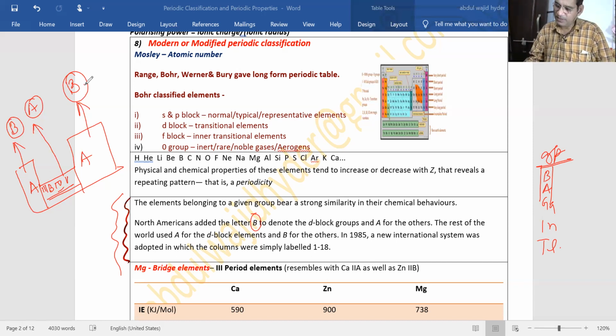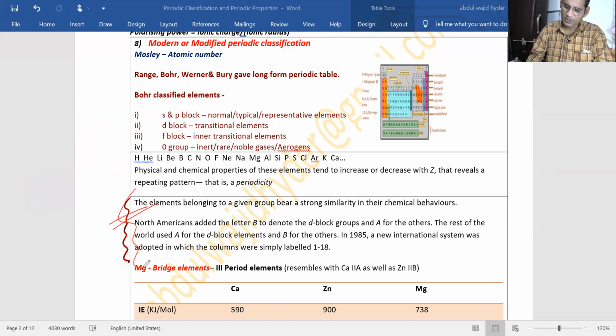So it is not a printing mistake. One is the rest of the world classification and the second is the North American system. Now see, this point is very important. So remember this point.